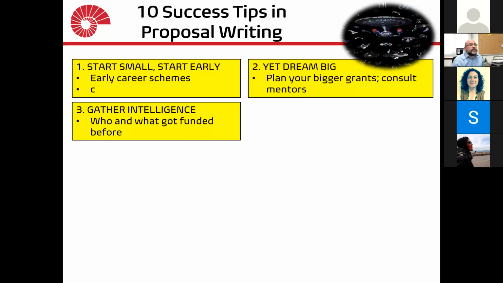Always gather intelligence in terms of who got funded in that scheme in previous years, what kind of research got funded. A lot of sponsors list previous projects on their websites, in their databases that you can search through.